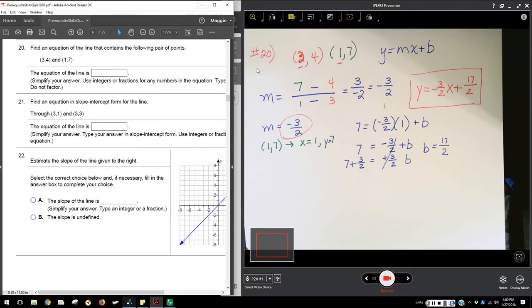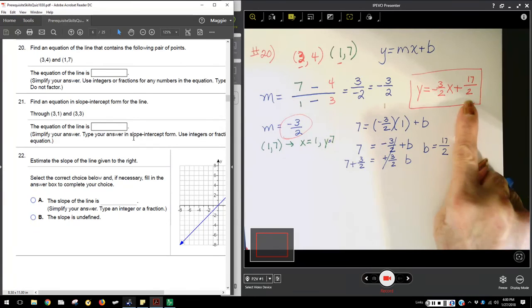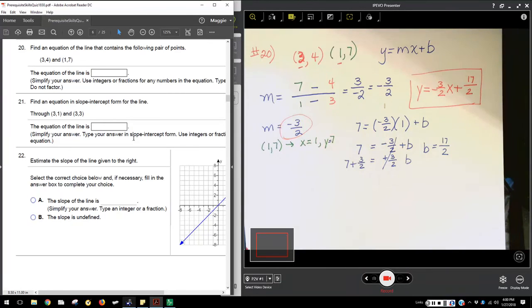And it says you can use integers or fractions in the equation. So that's why I chose 17 over 2. If it had come out to be a whole number, an integer, then I wouldn't have had to change to a fraction.